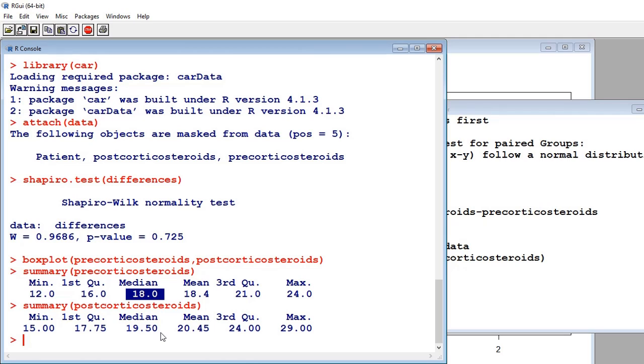So we could assume that obesity in these patients is probably related to the fact that they are taking corticosteroids. And if you also look at the mean here, it is 18.4. The mean within the post group is 20.45.